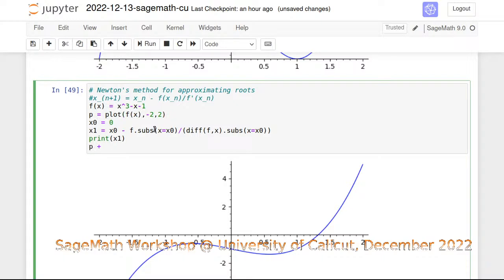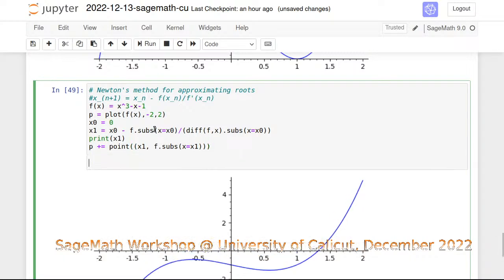P plus the point, which point we are supposed to add, x1, f of x1, and see the plot.